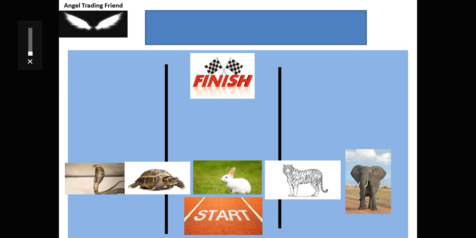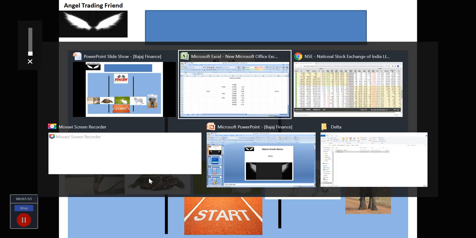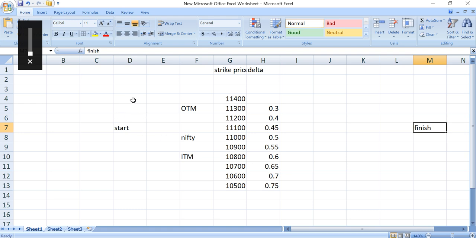The tiger might be fast, or the elephant, or the rabbit might reach faster. Only if you do the race will you know, but you know that the tortoise is going to be the last. The same way, imagine this is the starting point and this is the finish point. Can you say which is going to reach faster? It's very clear: the delta with the highest value will move much faster along with Nifty.